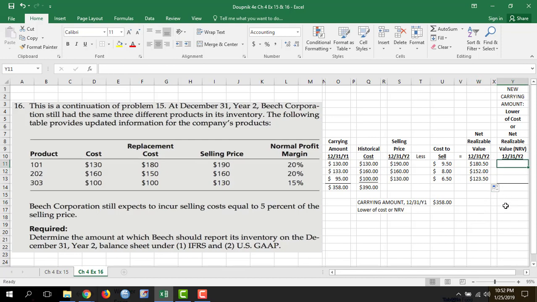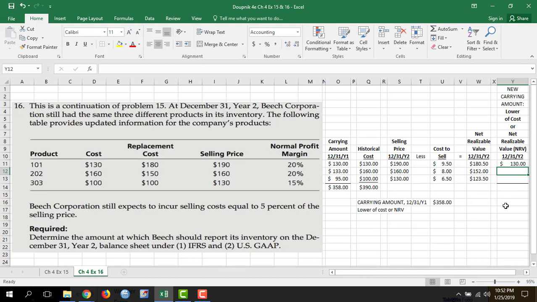Now the carrying amount for product 101, we compare historical cost of $130 with the net realizable value at the end of year 2 of $180.50. So the lower of cost or net realizable value for product 101 is $130.